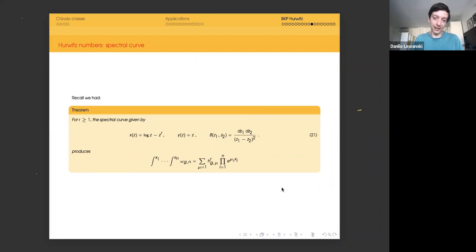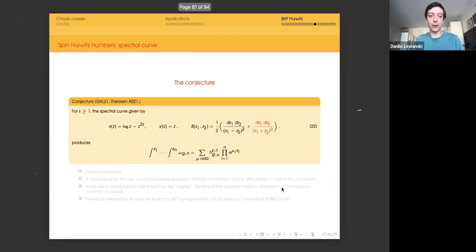This is the spectral curve for the Hurwitz numbers with completed cycles. And our main conjecture is that this is the spectral curve for the spin world. So we found this formula by semi-infinite wedge, by computing the unstable energies 0,1 and 0,2. So you just need to add this piece over here to recover the spin Hurwitz numbers.